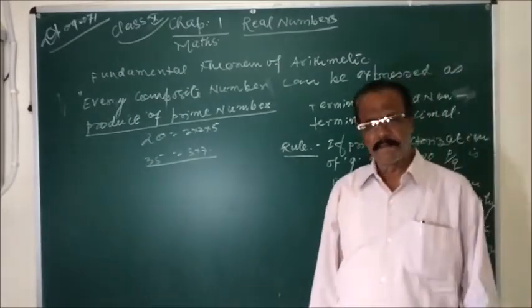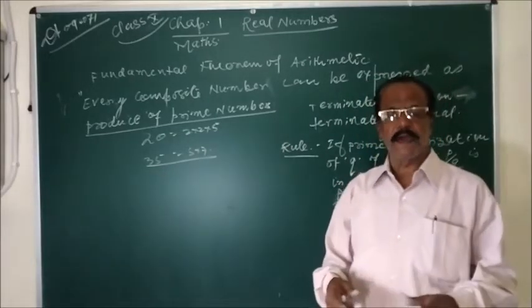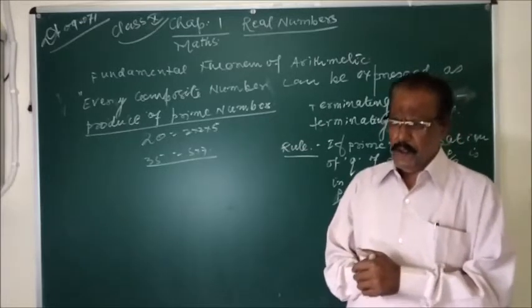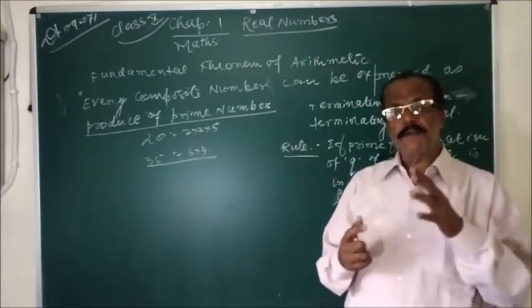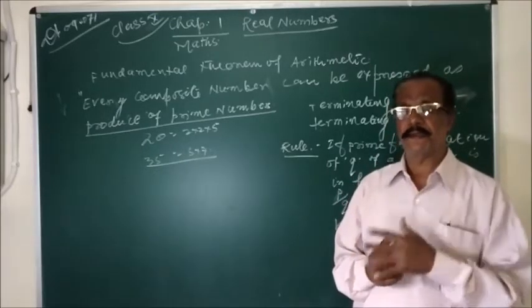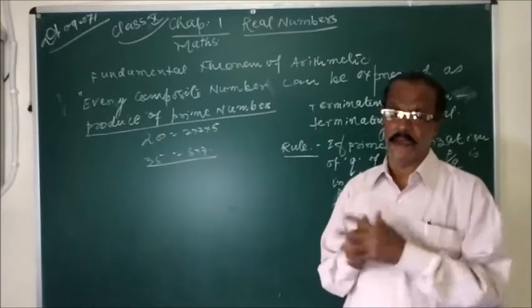Composite numbers, I suppose you know very well, are the numbers which have more than two factors. The smallest composite number is 4, then 6, 8, 9, 10, 12, like that.